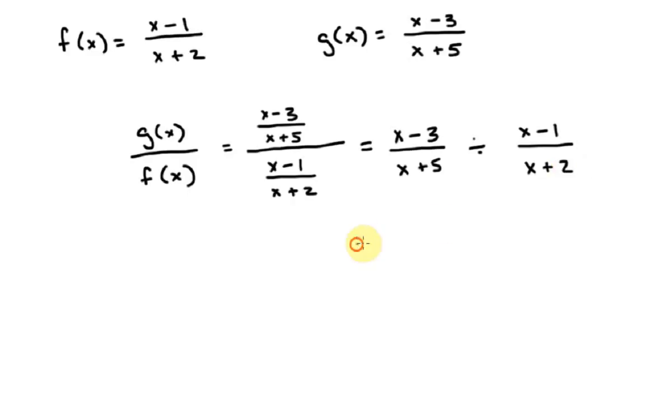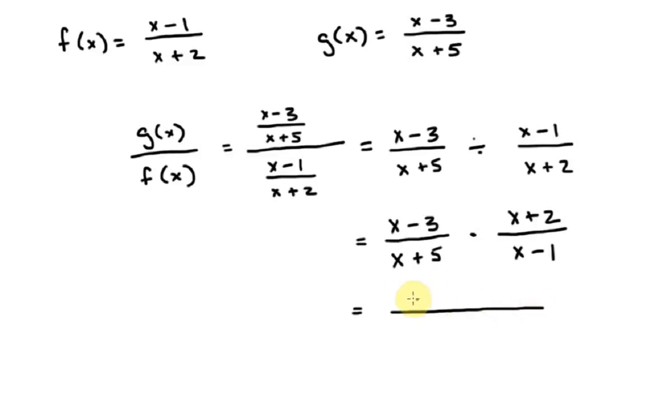And then you look at it and you say, how do we divide fractions? We multiply by the reciprocal. So I'm going to flip the second one over and change from division to multiplication. So x plus 2 on the top, x minus 1 on the bottom. The only other thing I can think to do is maybe write it as one big fraction.